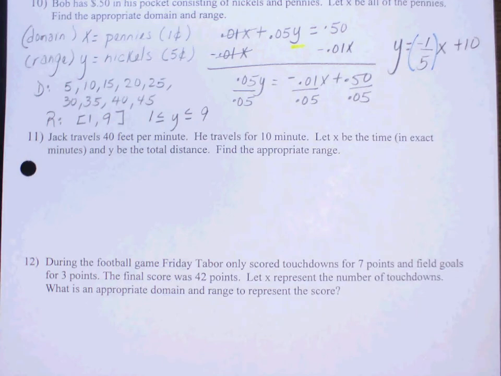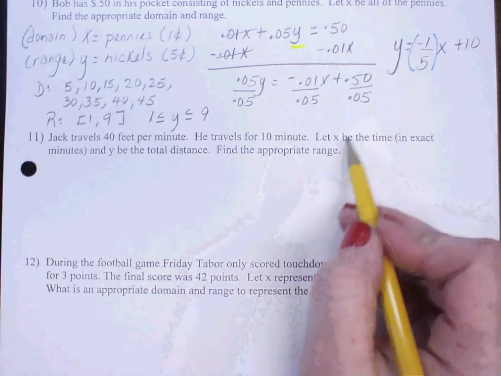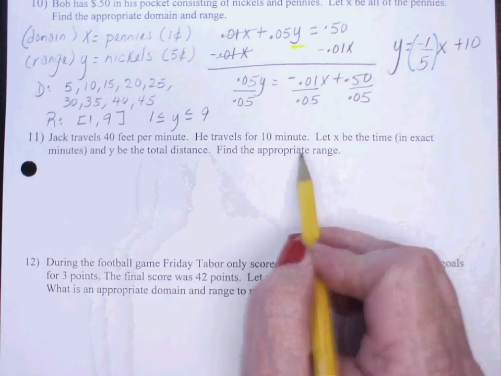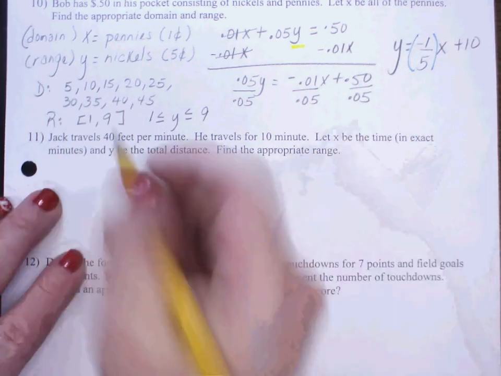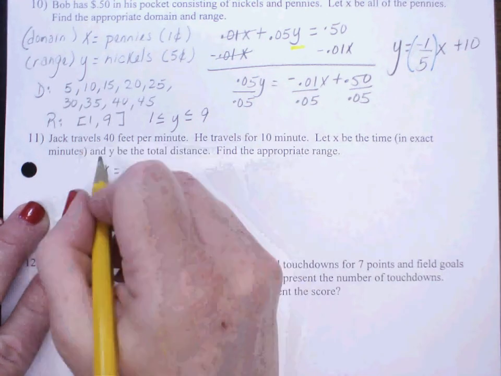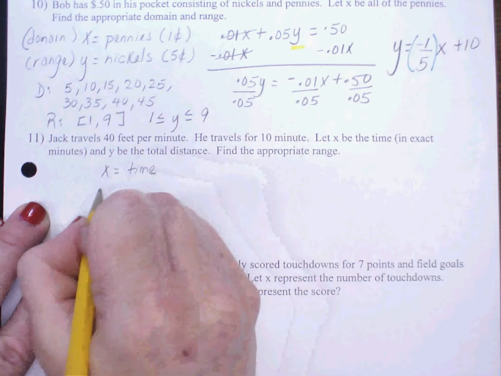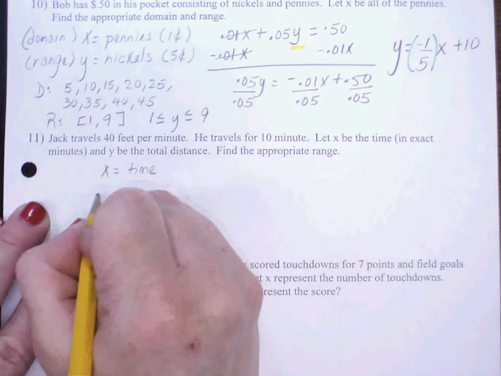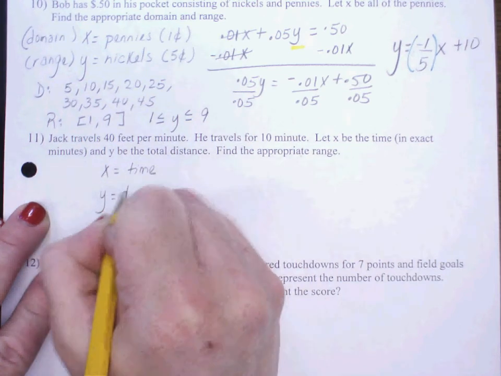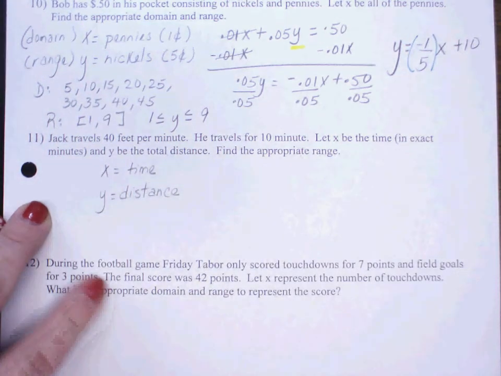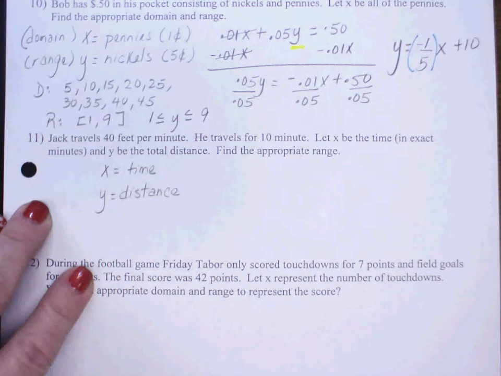Jack travels 40 feet per minute. He travels for 10 minutes. Let x be the time in minutes and y be the total distance. Find the appropriate range. All right, so let's write that down. No, x is the time. Y is the distance. Distance over time.